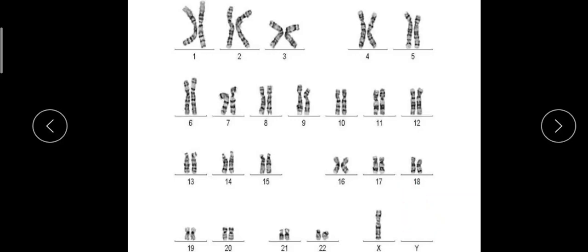So this condition can be represented as 2n-1. 2n is the normal diploid condition from which we have one chromosome less. So this is called monosomy, and we can represent it as 2n-1.